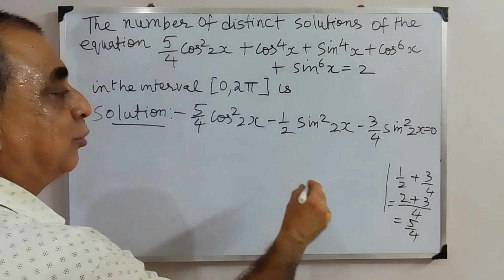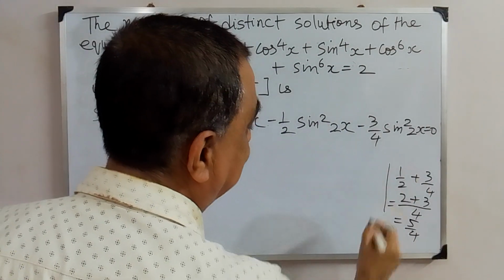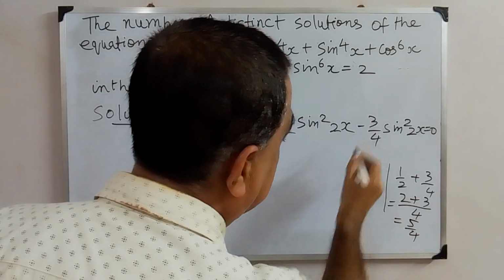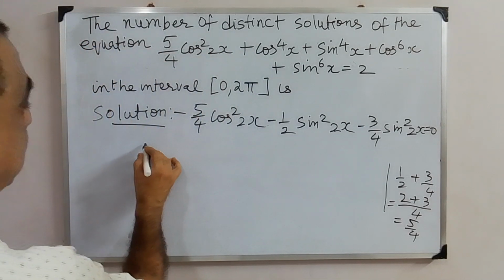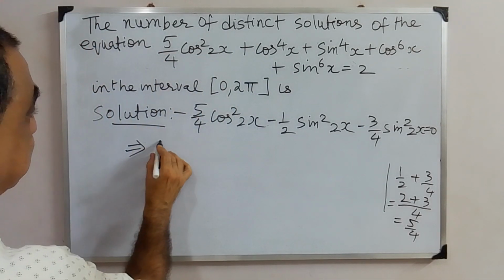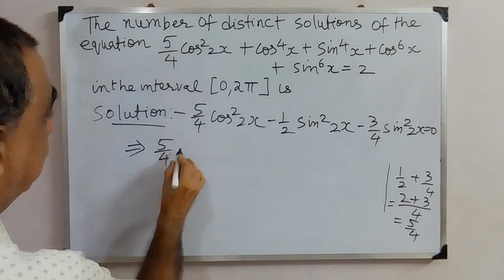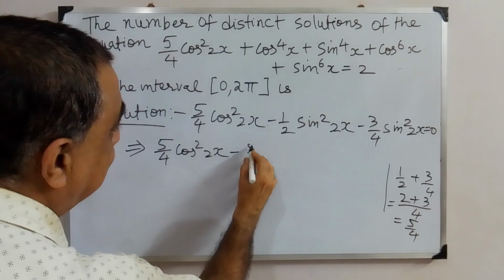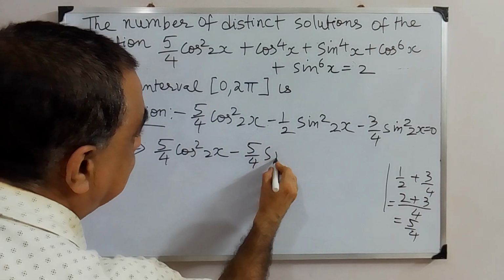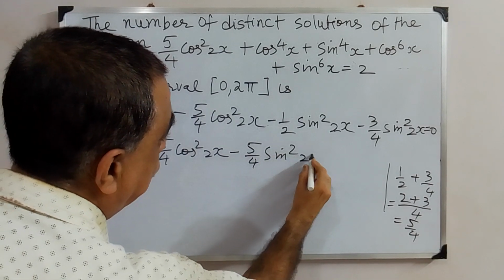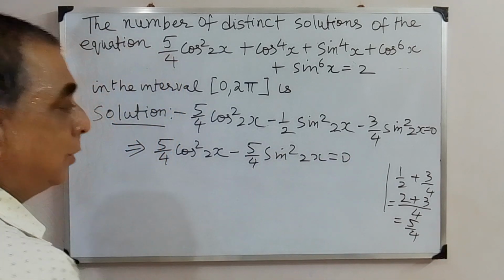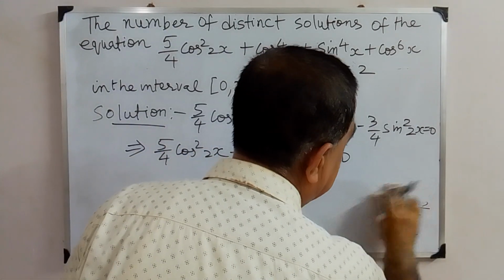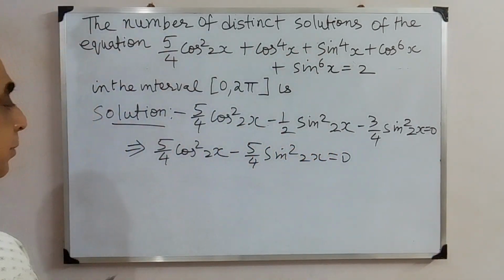So minus half sin squared 2x minus 3 by 4 sin squared 2x is minus 5 by 4 sin squared 2x. So this becomes 5 by 4 cos squared 2x minus 5 by 4 sin squared 2x is equal to 0.